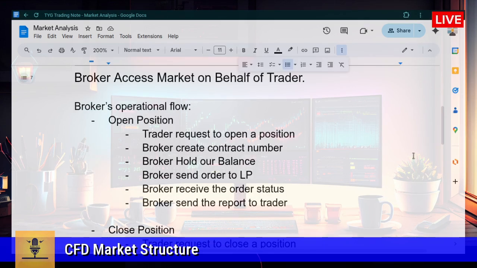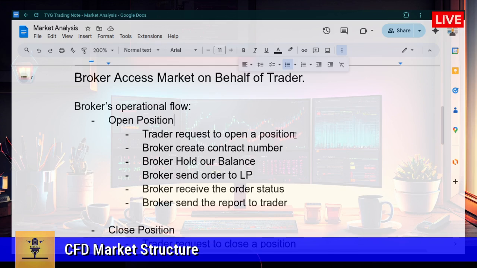So, in short, when we look at the broker side, when a trader opens a position, the flow is: trader requests to open a position to a broker. Broker will create a contract number to continue the transaction.